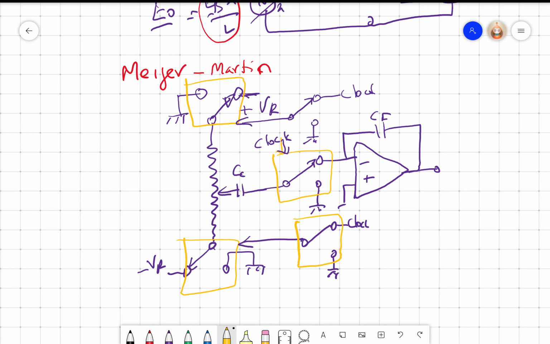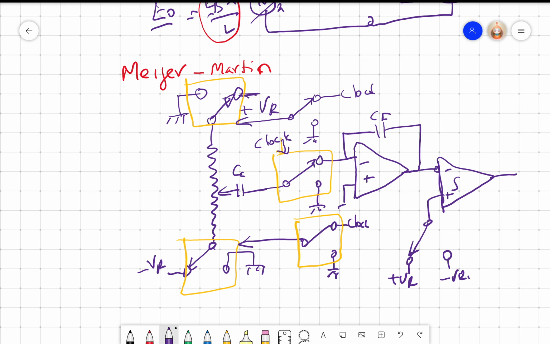Okay, and here what we do is we give a comparator, op amp comparator, minus plus. The plus is given to another switch. We give plus VR here and minus VR here.